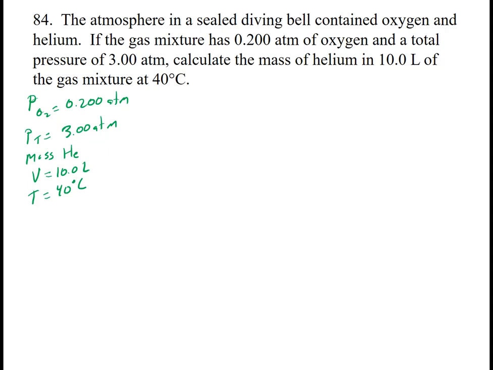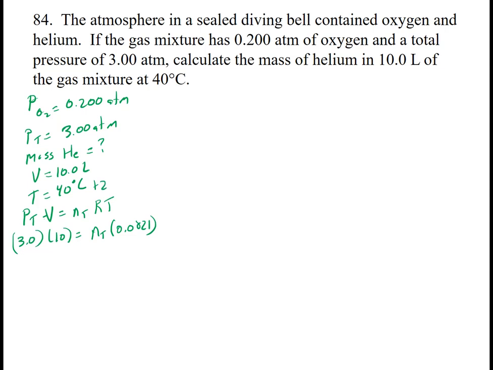Actually there are 3 different ways of doing this one, but let's do the 2 that I just showed you. I can find the total number of moles by P total times V equals N total RT, because I have a total pressure. So it would be 3.0 times the 10 liters. N total is what I'm solving for. R, of course, is 0.0821.